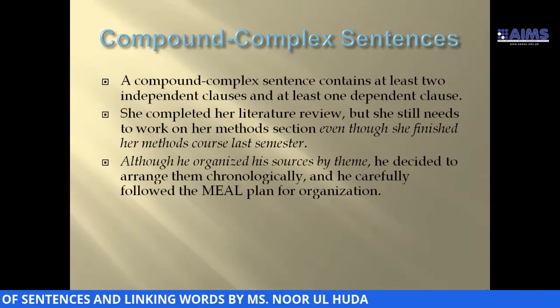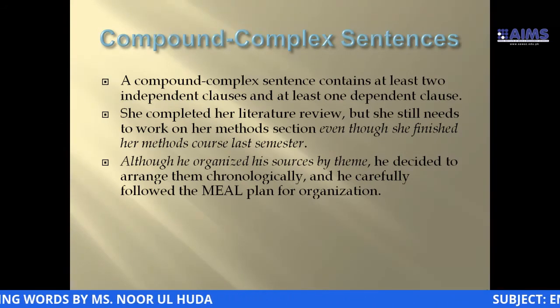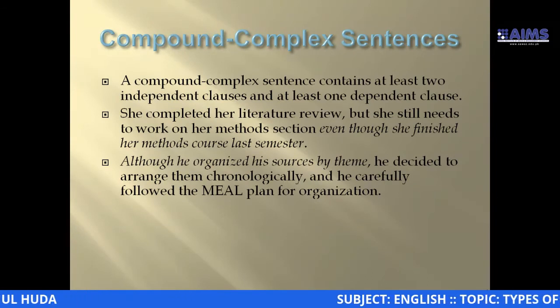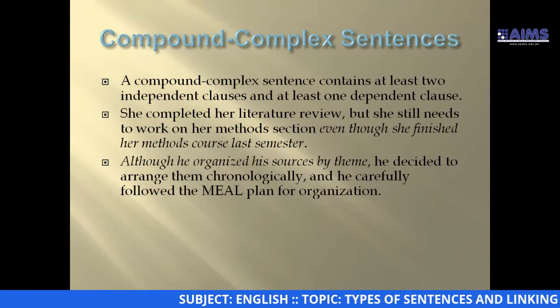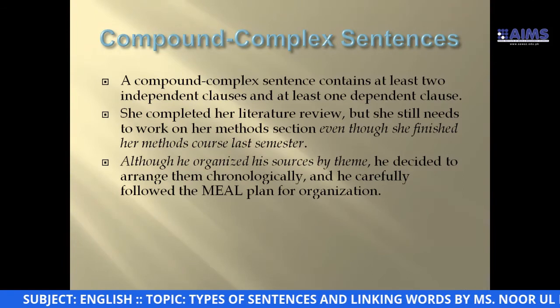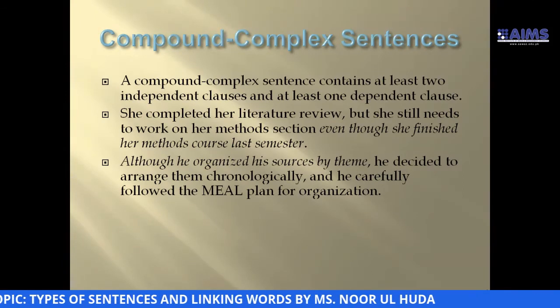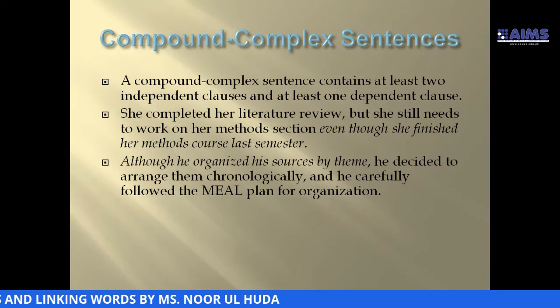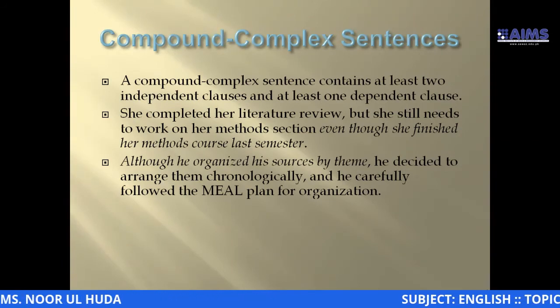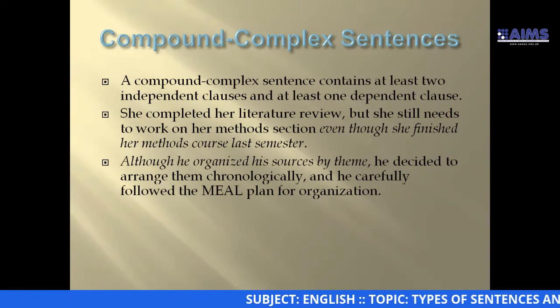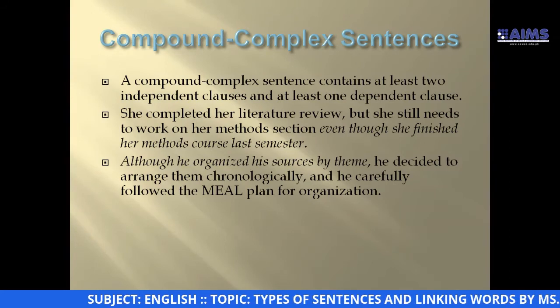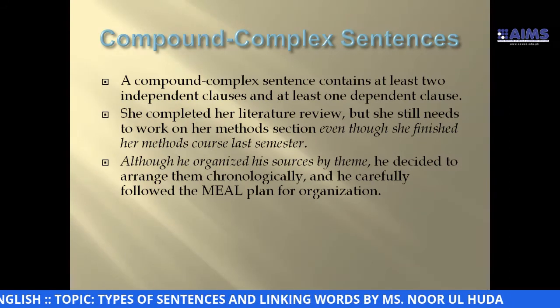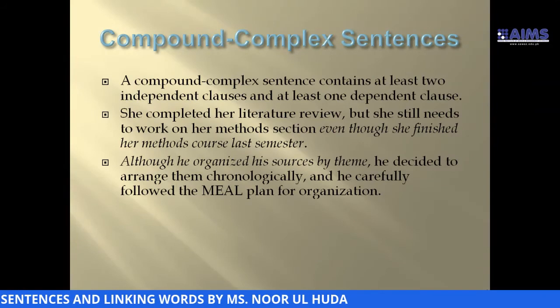He decided to arrange them chronologically is independent, and to combine two simple sentences we put and, which is one of the conjunctions of FANBOYS. He carefully followed the meal plan for organization. So two independent and one dependent. So here we have formed a compound complex sentence.